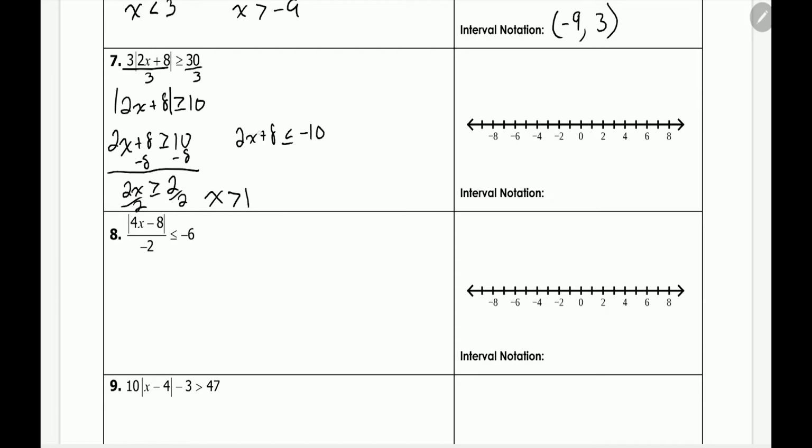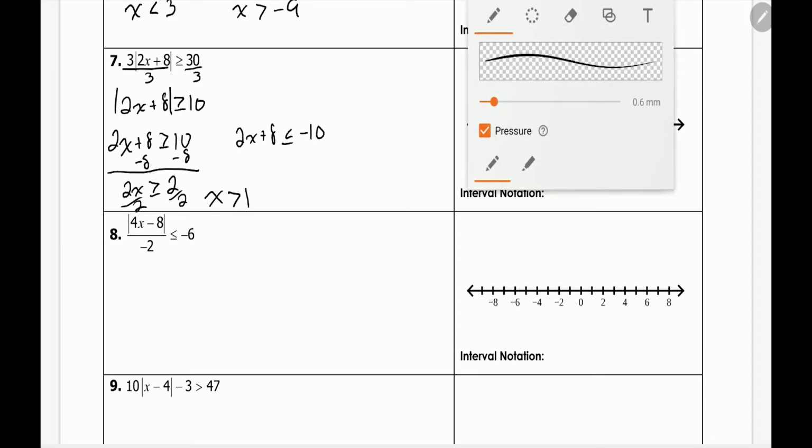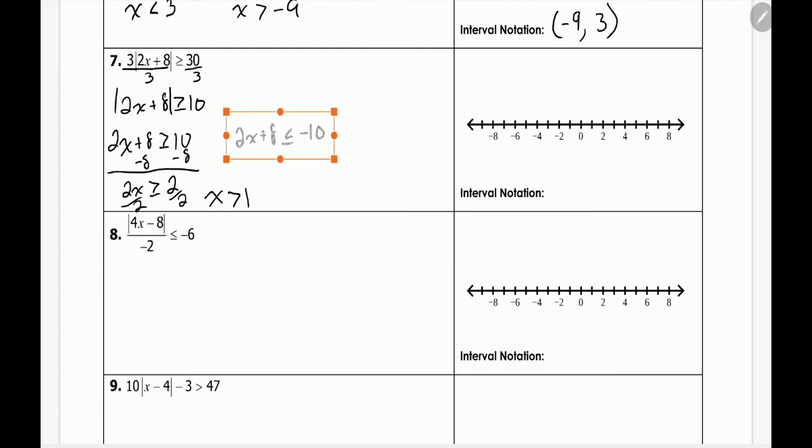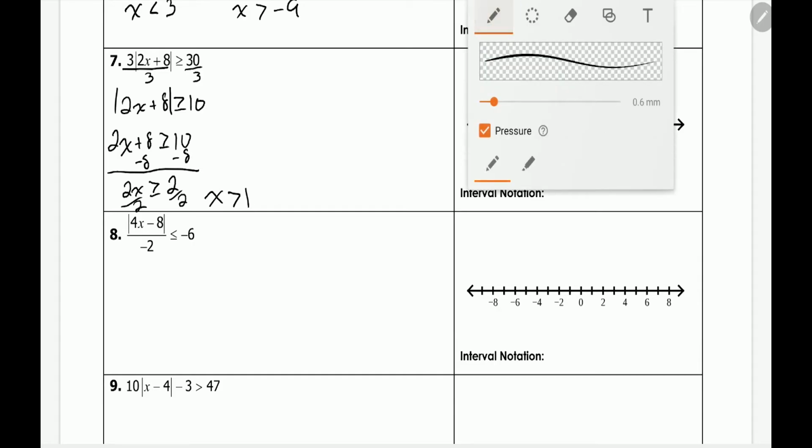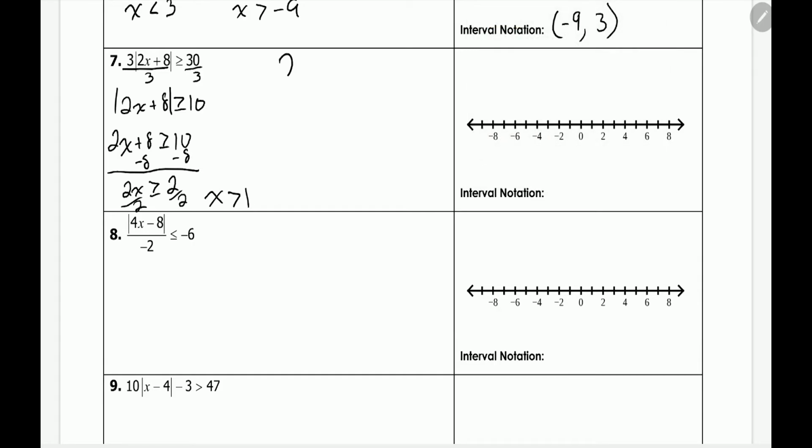Then this one I'm going to erase and rewrite so I have a little bit more room. So we have 2x plus 8.